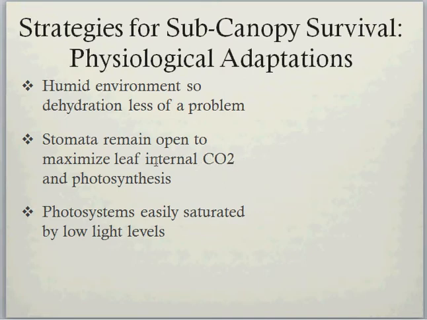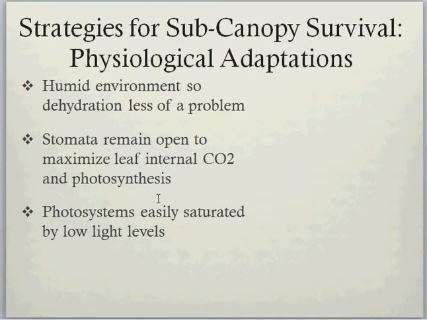High humidity means that photosynthesis can occur longer in that low light environment, as the stomata will remain open longer and the leaf internal CO2 concentrations will remain higher longer.